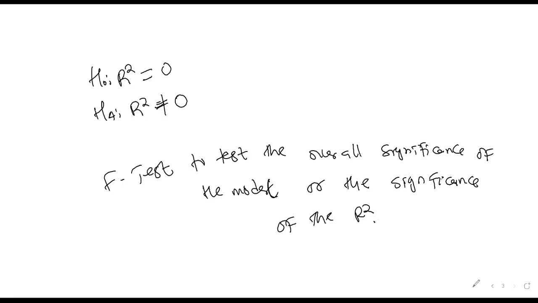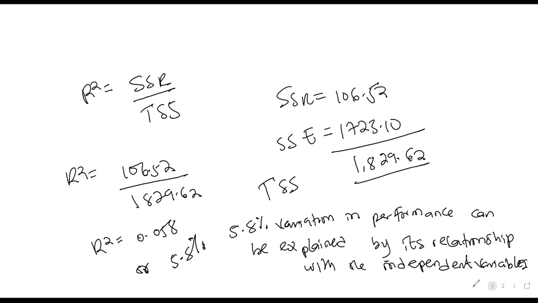Let's look at something. R square is the percentage variation in the dependent variable that can be explained with its relationship with the independent variables, okay? So if your R square is insignificant, or statistically, if your R square is 0, it means that the dependent variable on the overall has no relationship with the independent variables, okay?